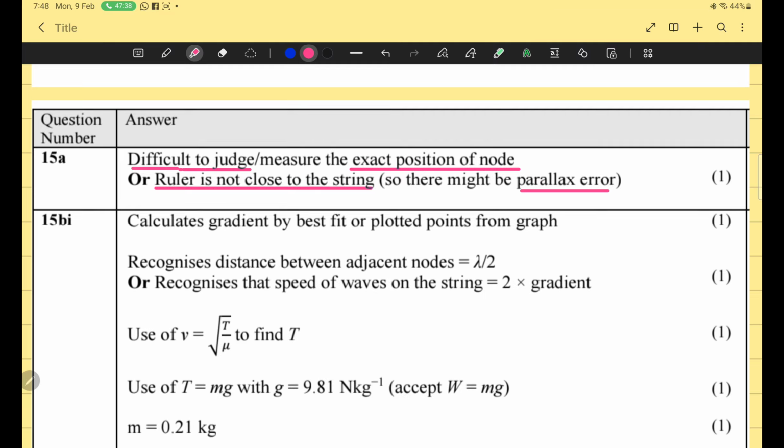In the same way, if the ruler is at a quite large distance from the string, then obviously there is parallax error. So this is my suggestion.